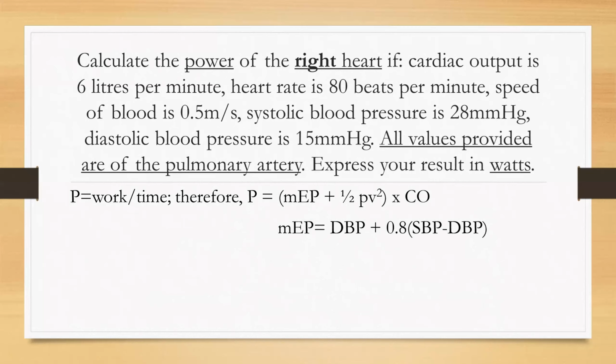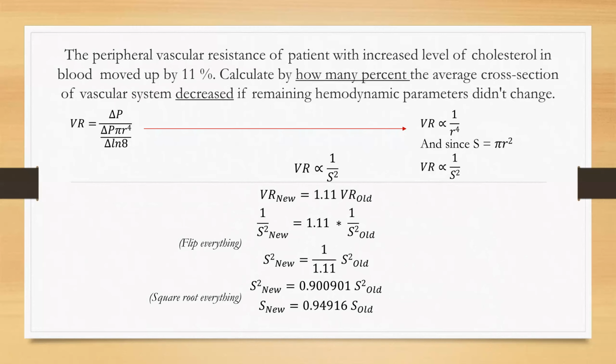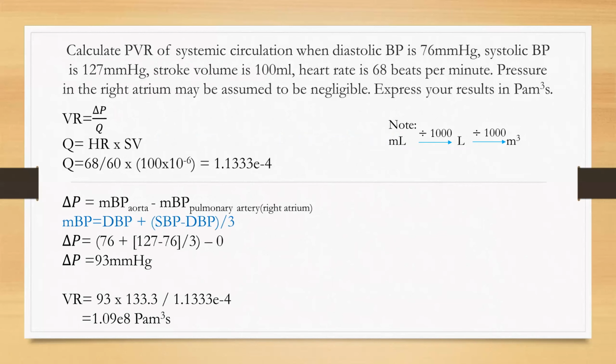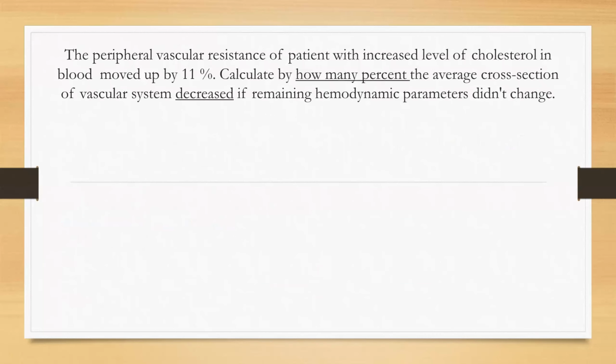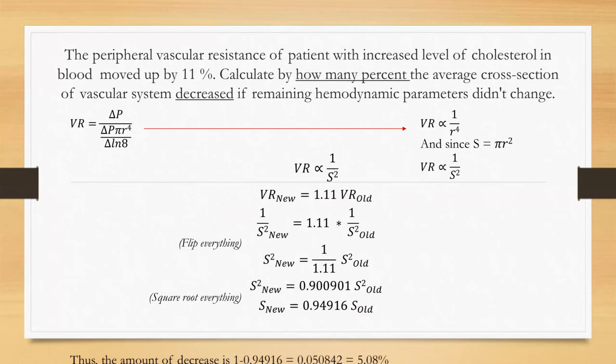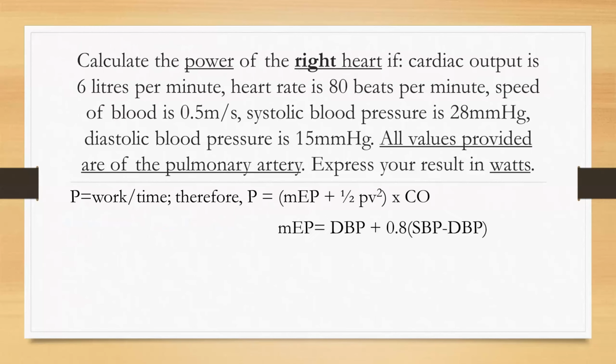Now, it is very important to not confuse between the two formulas, because the previous one we did was for the resistance. So for resistance, we will use this formula, MBP. But for the work, we will use this formula, which is MEP.